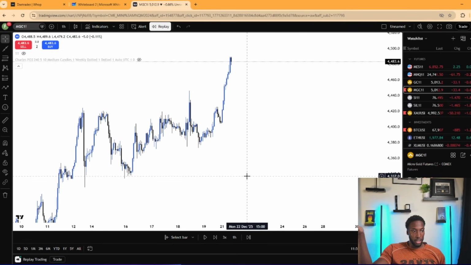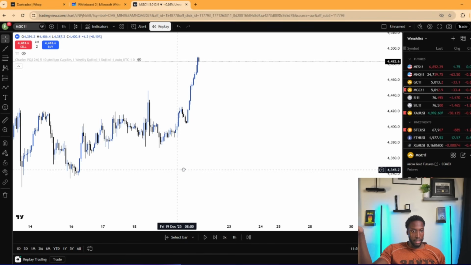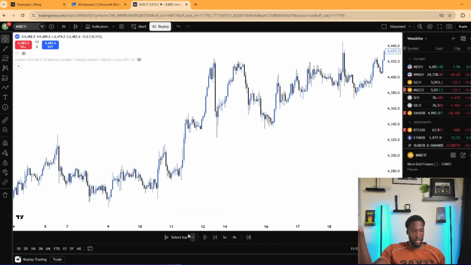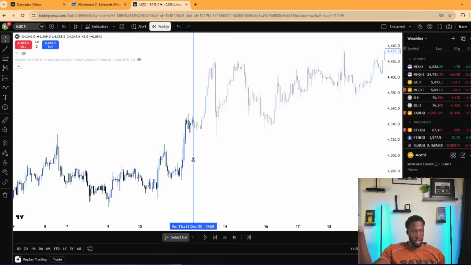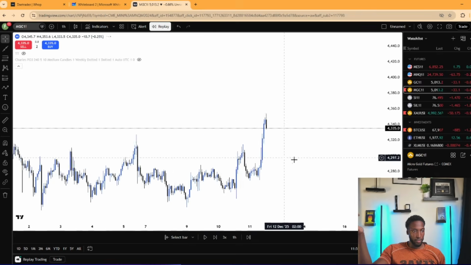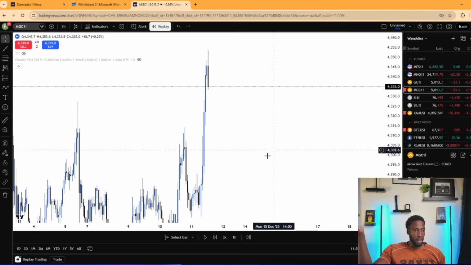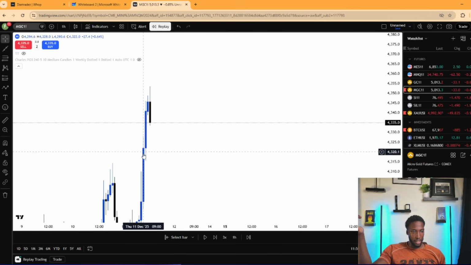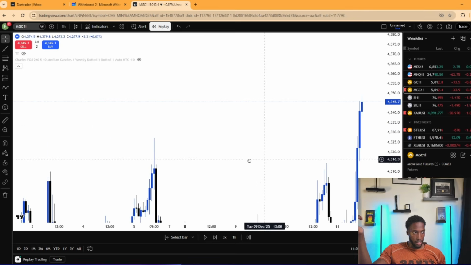Because I'm teaching you all this stuff on the fly, let's find where an imbalance genuinely worked, right? Okay. So for example, right here. Why is this an imbalance? There's this candle right here. Then there's a second candle and there's a third candle. If we take this, if we delete this, right?